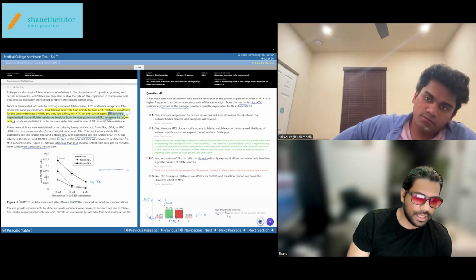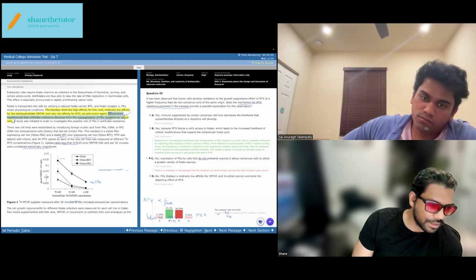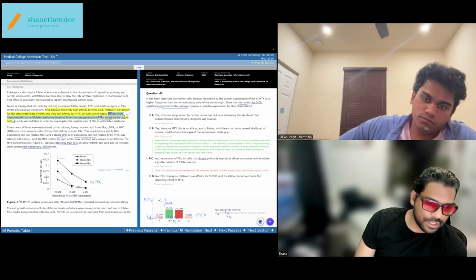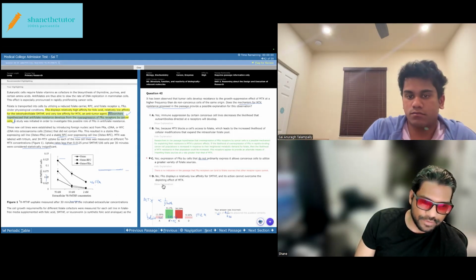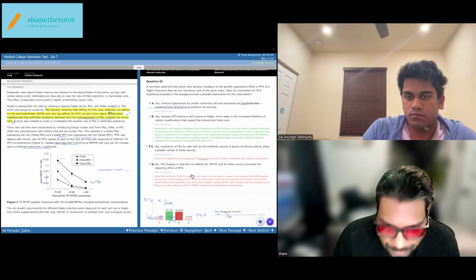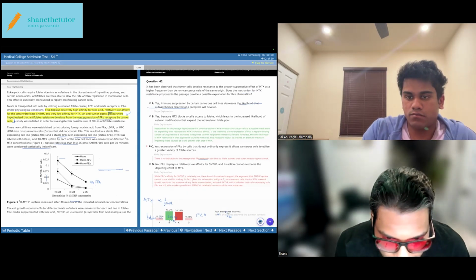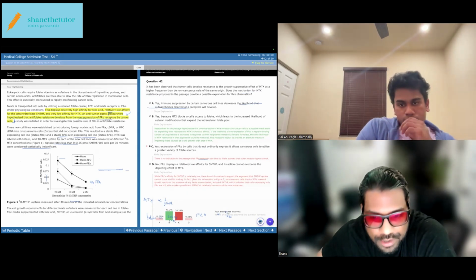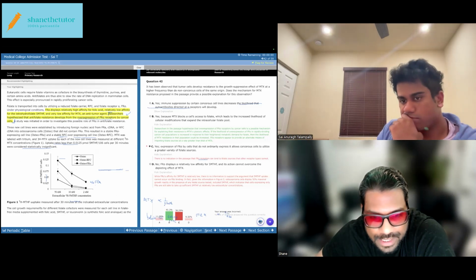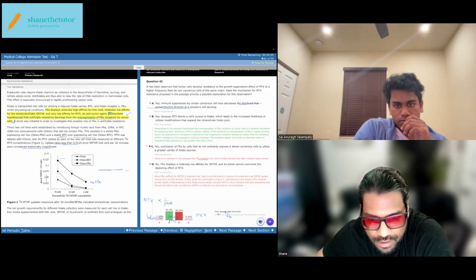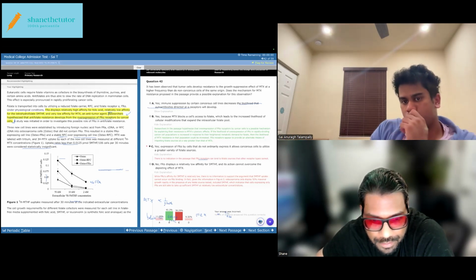Yeah, let's see the explanation for that because I think it might mention figure one. So it says figure two. There's no information to support the argument that this uptake cannot occur via FR alpha binding.